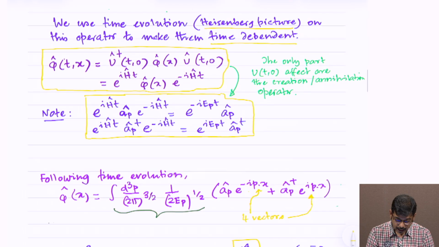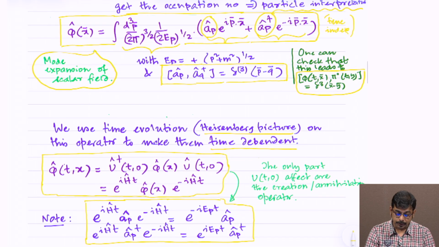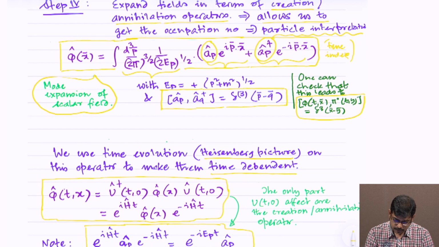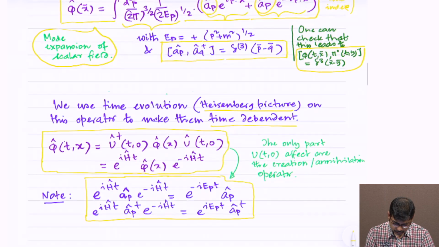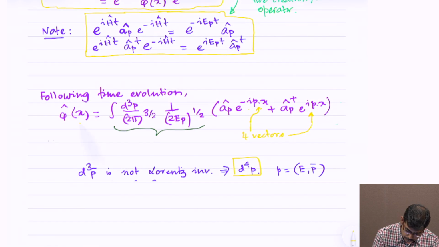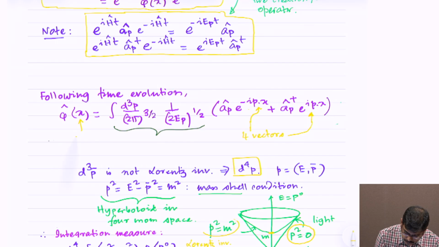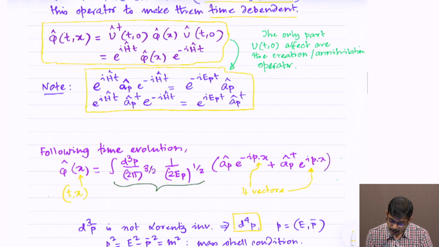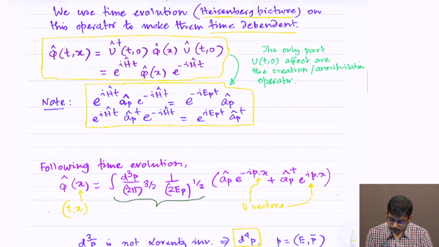So then I can have the time evolution of the whole φ(x) that I defined above. Remember that this x is no more a spatial coordinate, this is (t, x), a 4-dimensional spacetime coordinate. What we have is that we append one factor of e^(iE_p t) or e^(−iE_p t) in front of a_p† and a_p, following this relation.